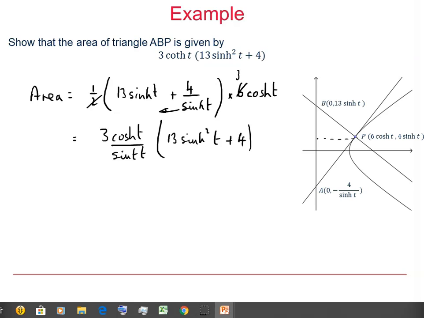So there's the bracket that we need for our expression, and of course cos over sine is cot. So we end up with 3 cot t times 13 sine squared t plus 4, which is the expression we're expected to find.